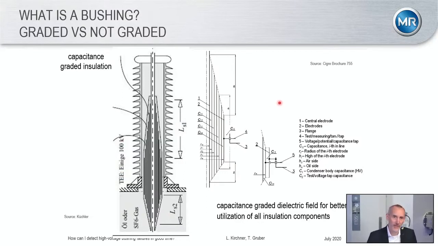And if we look at North America, at the IEEE, we have, besides the measurement tab, also a so-called voltage tab that's described here. And what do we see here? We have the flange, and there's the ground foil, and the last foil before the ground foil is connected as a measurement or voltage tab.